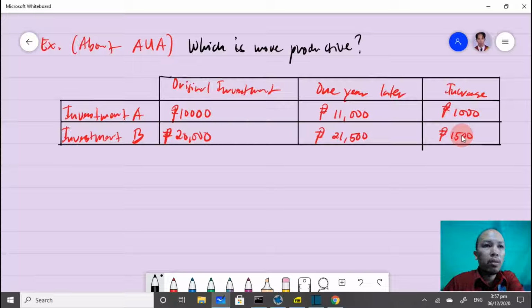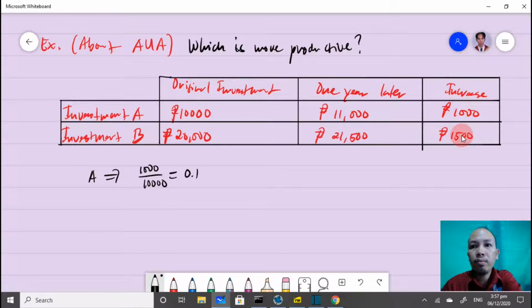Because if you divide 1,000 by 10,000 for investment A, you will get 0.1.